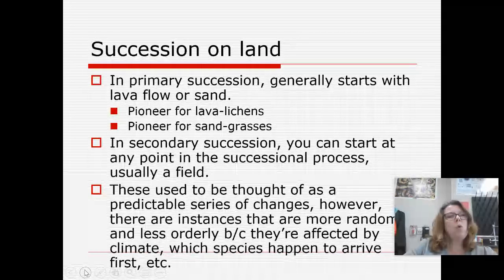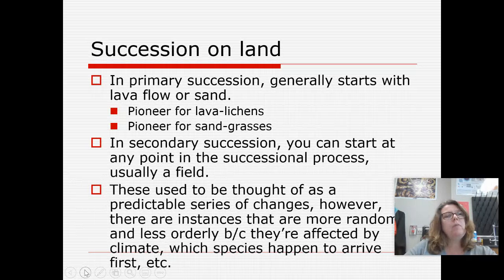Okay, so on land, you have pioneers coming in, usually on lava flow or sand. On lava, usually it's lichens that come in, right? That's a relationship between an alga, or a protist, and a fungus.